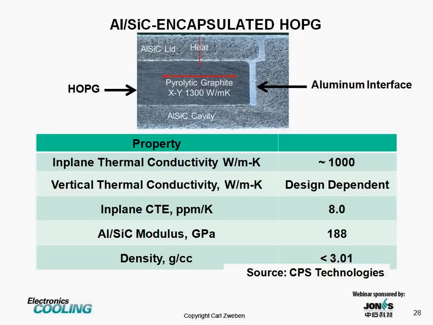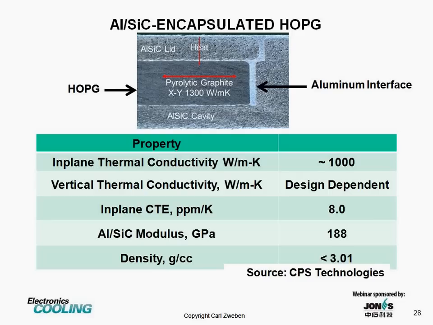So here we have pyrolytic graphite with in-plane thermal conductivity, in this case, of 1,300 watts per meter Kelvin. So that is acting as a heat spreader, transferring the heat in the XY plane. And so the heat comes down through the AlSiC into the pyrolytic graphite, which acts as a spreader. So you get an effective in-plane thermal conductivity in the range of 1,000 watts per meter Kelvin, 2.5 times that of copper.